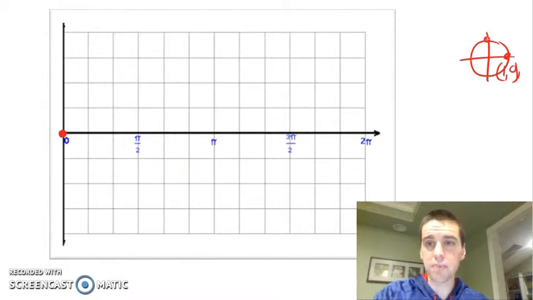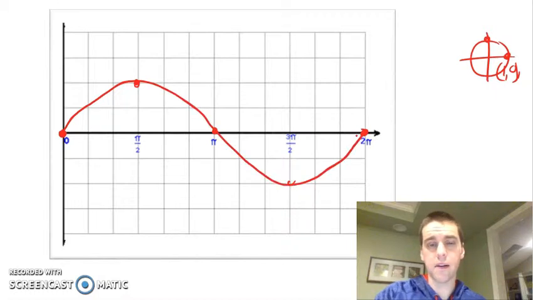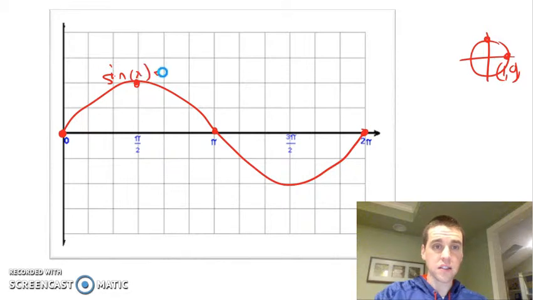At 90 degrees, pi over 2, it's the y value, we're at 1. At pi, back to 0, negative 1, and then back to 0, and we know it looks something like this. Now, that is sine of x.